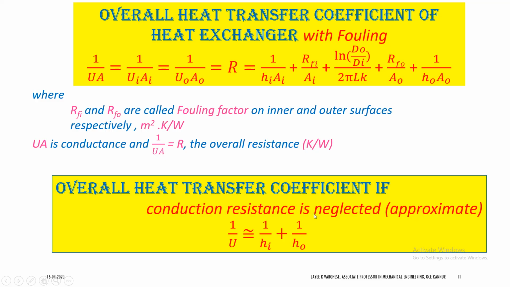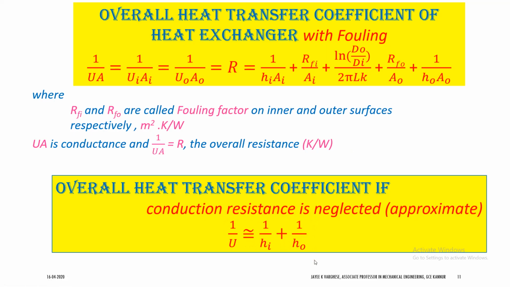Now, a very simple type of calculation in cases where you don't have fouling, and also the resistance for conduction through the wall is neglected. In the case of overall heat transfer coefficient, the deciding factor is hi and h out, and in the majority of cases the wall resistance will be very small. So comfortably, in some cases you can neglect that also.